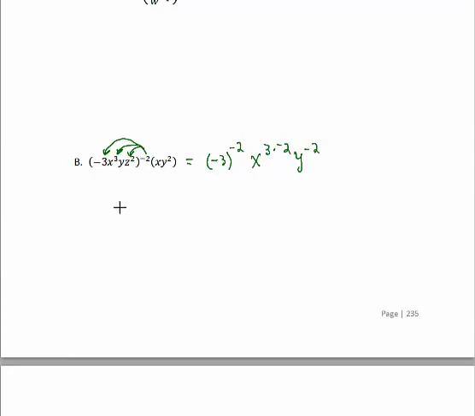The y didn't have its own exponent, or at least there wasn't one written. It's just a 1, so the y just adopts the negative 2 from outside the parentheses. And then the z squared has a 2 for an exponent, and we multiply that by the negative 2 from the outside.